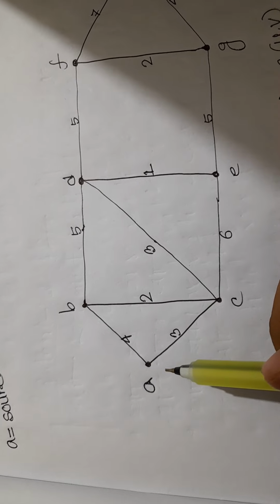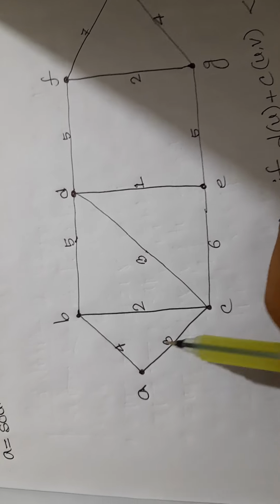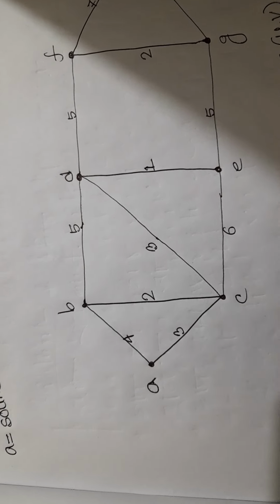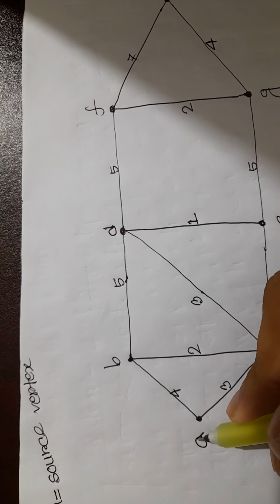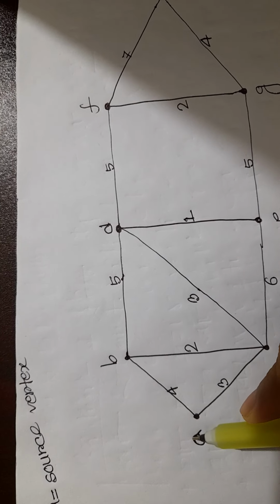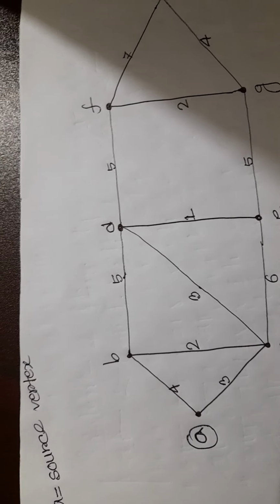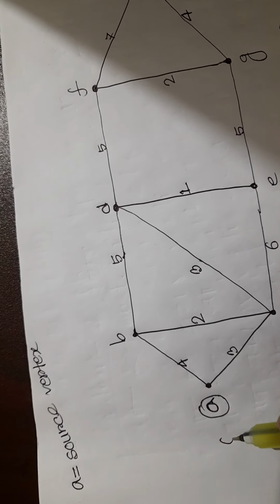Here A is the source vertex. At first we select the source vertex and set A equals to 0.